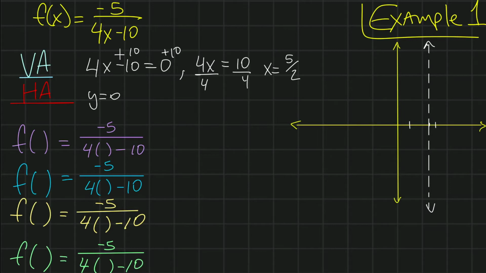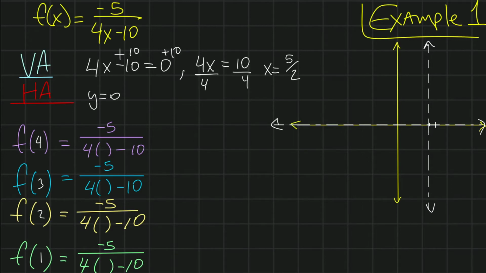Then we have our horizontal asymptote at y is equal to 0. Since we're dealing with x is equal to 2.5, I'll do 4, 3, 2, and 1.